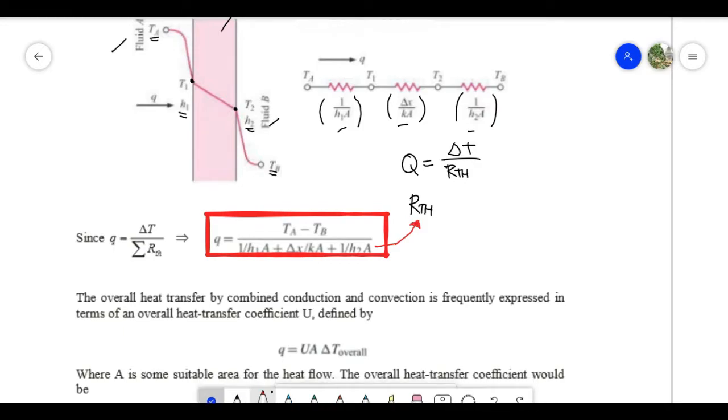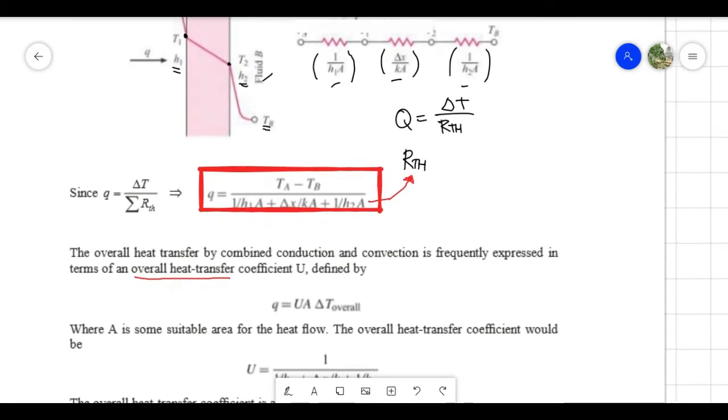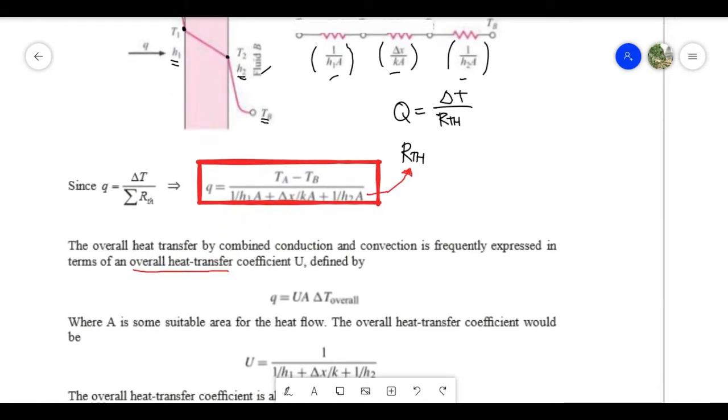So the overall heat transfer by combined conduction and convection is frequently expressed in terms of the overall heat transfer coefficient. Meaning, all of the resistances of conduction and convection can be expressed in terms of the overall heat transfer coefficient.